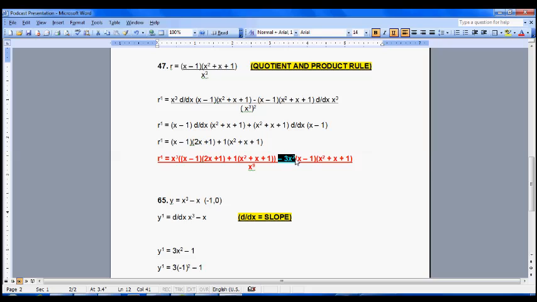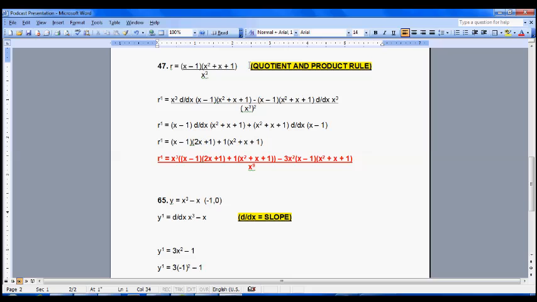So 3 times x equals 3x. Subtract 1 from the exponent, you get 2. Then you would square the denominator, your bottom function, and that's x cubed. So x cubed squared is x to the 9th. And there's your answer. So that's 47.